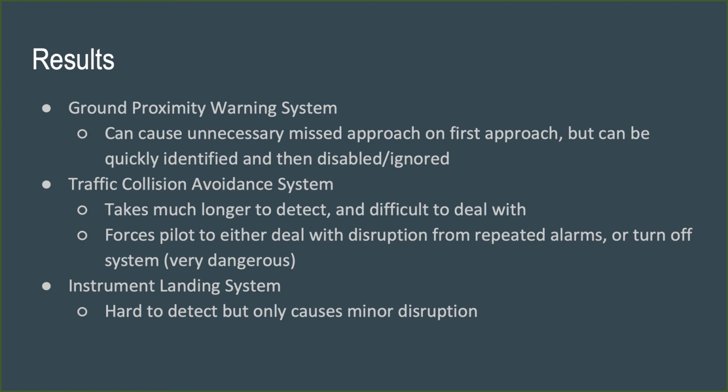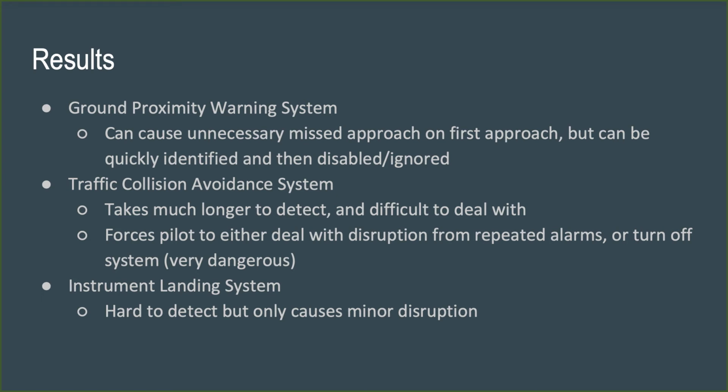Meanwhile, for traffic collision avoidance system, so this one was to tell you if there's other airplanes nearby. This is actually a lot worse because A, it takes a lot longer to detect, and then also B, it's very difficult to deal with for 2 reasons, because you have 2 options you can do. First, if there's a lot of alarms that keep going off, you can just ignore it, turn it off altogether.